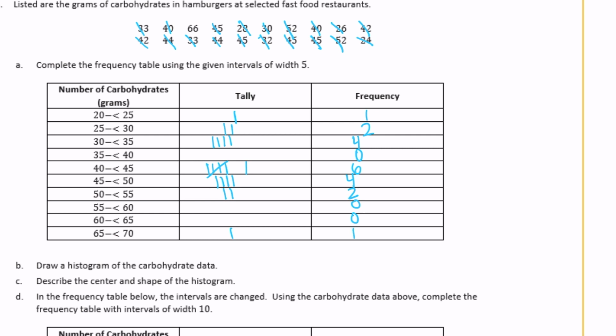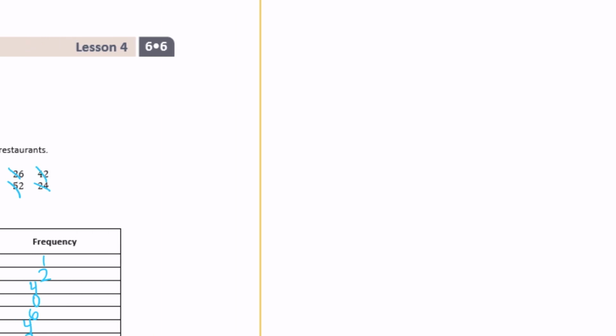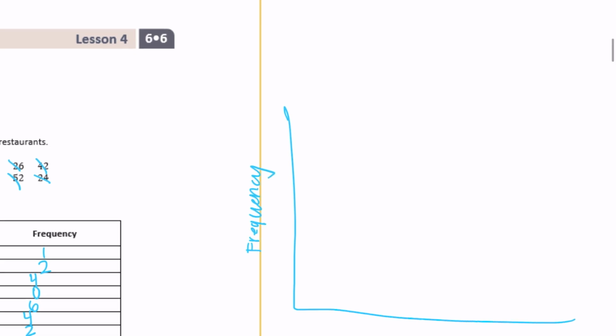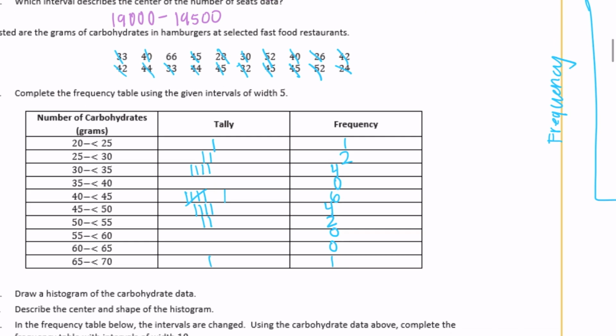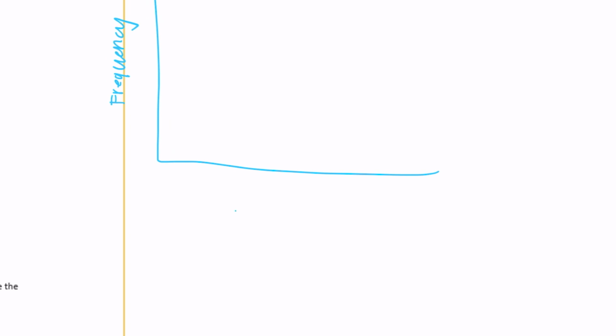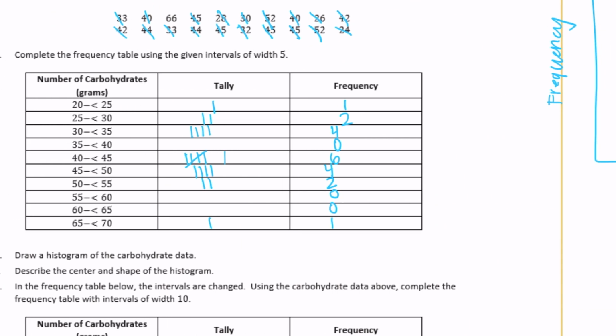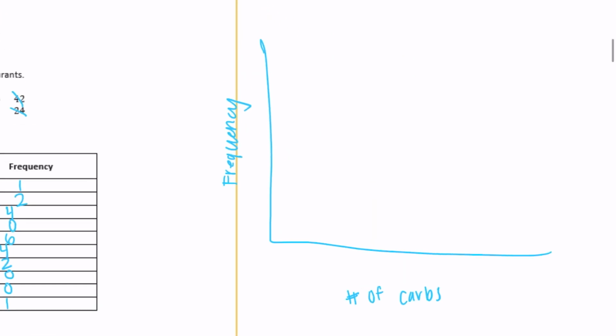That's 66. Draw a histogram of the carbohydrate data. Okay, so let's draw another histogram. Remember, this is frequency, and then we're going to have the number of carbs. So let's start with frequency. We have anything ranging from 0 to 6, so just like the last one.